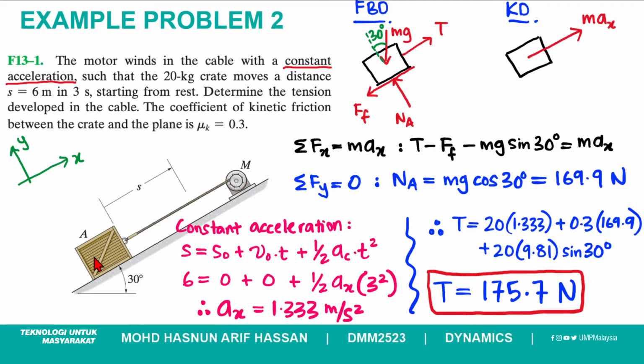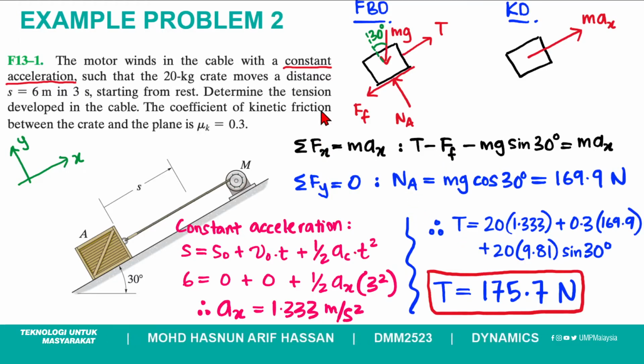In this case, the box is moving at an inclined angle of 30 degrees. So to make the calculation easier, we can also define the coordinate system to follow the motion of the object. And this is also a problem where you have to use some equations from chapter 1 from kinematics to get the value of acceleration in this case. And finally, we determine the value of the tension in the cable.